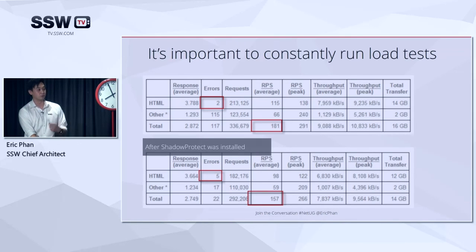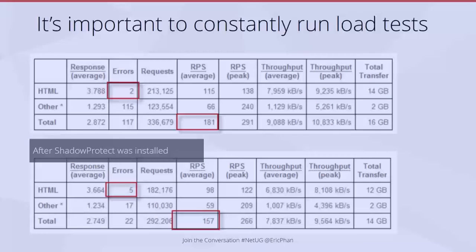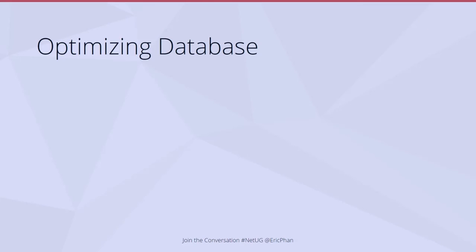But at least we knew this was causing the issue, because we didn't make any code changes that day, yet we saw the performance decrease. So we queried the hosting provider to see if anything changed, and they had installed something. So it's important to always have those load tests running so you can see what's causing regressions in performance.